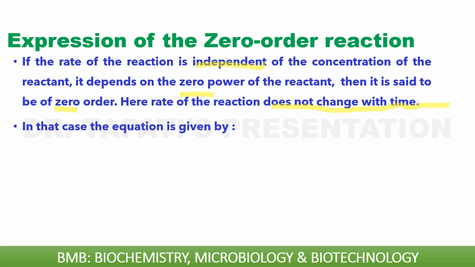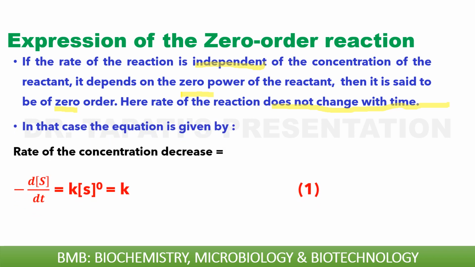In that case, the equation is given by rate of the concentration decrease, which is equal to minus dS by dt, equal to K into substrate concentration to the power of 0.